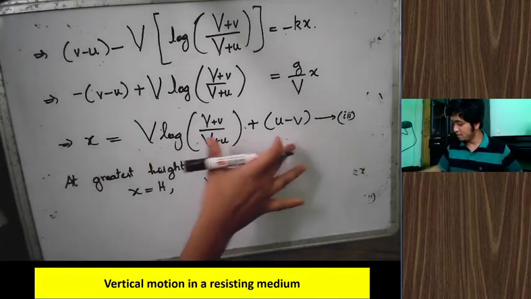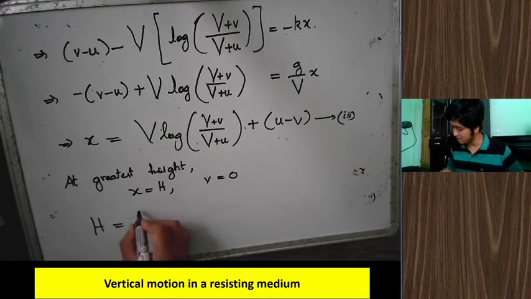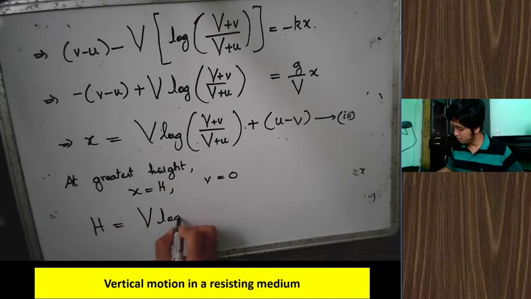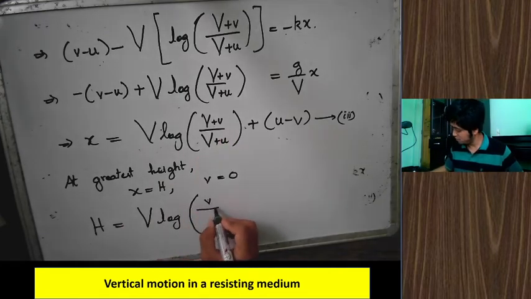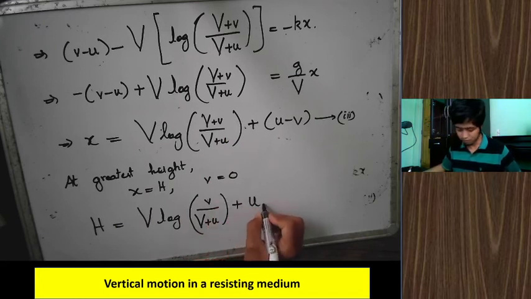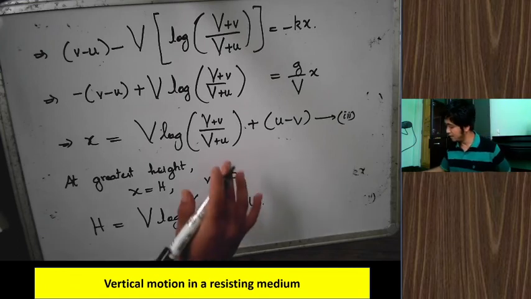After using this, we can substitute it over here. So capital H, the greatest height, with small v as 0, plus u.